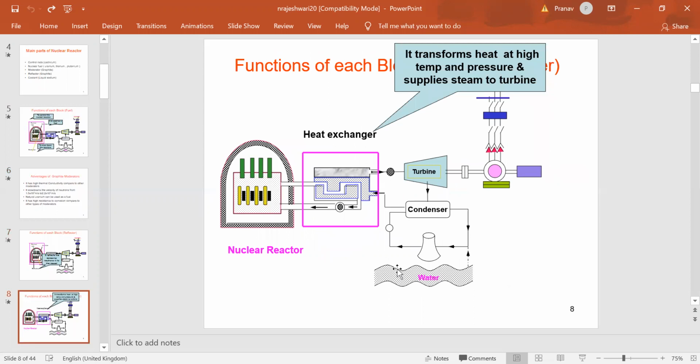And coming to the heat exchanger, the heat exchanger transfers heat at high temperature and pressure and supplies steam to the turbine. Here the steam is sent to this turbine, and with that steam this turbine will rotate.